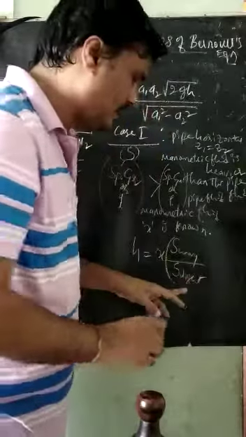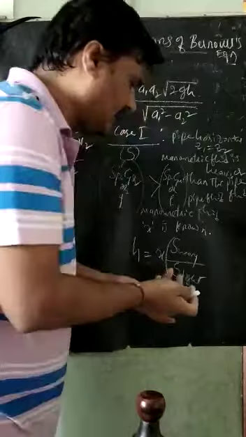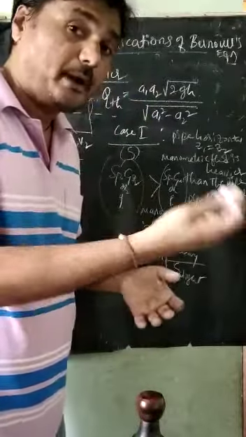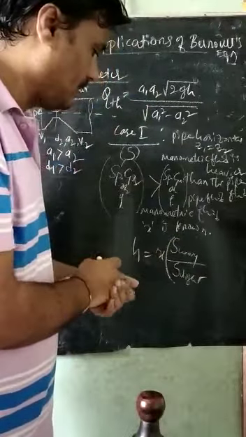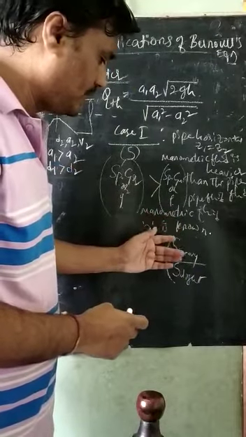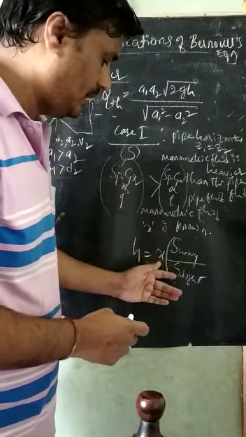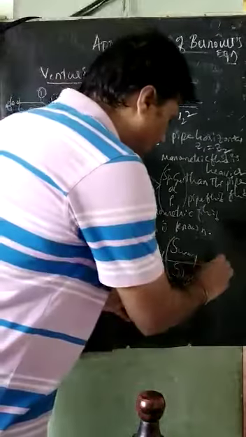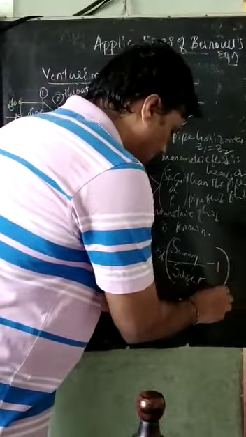Light fluid means the pipe fluid, and the heavier fluid is the manometric fluid. Then the specific gravity of the heavier fluid divided by that of the light fluid, minus 1, and the bracket completes.